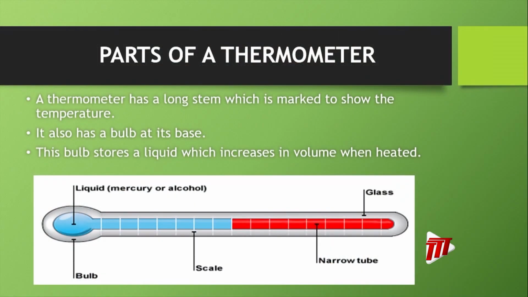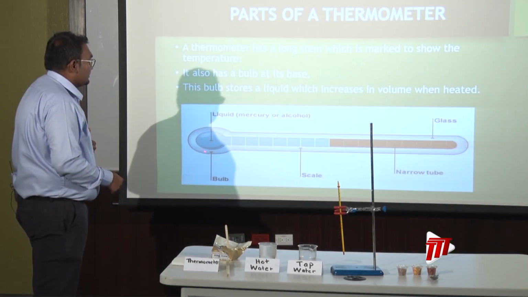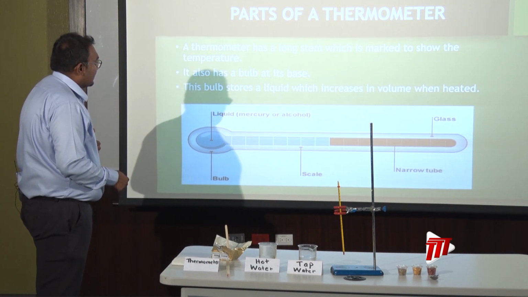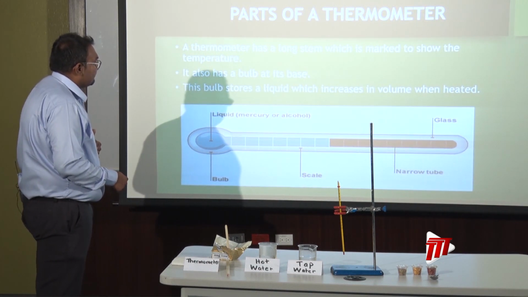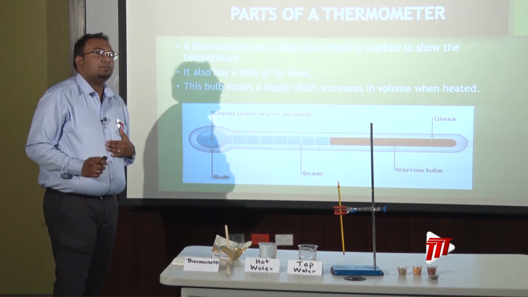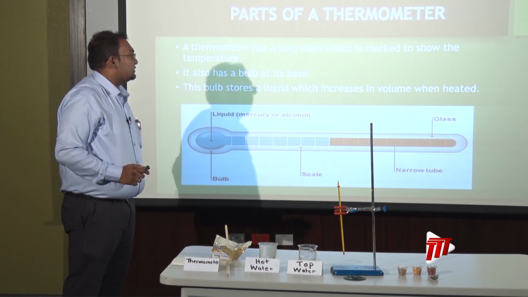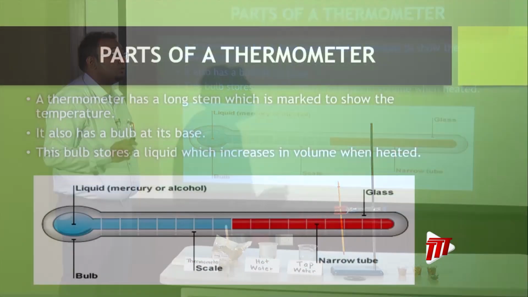The liquid, when it gets hot, would expand and rise along the thermometer, and we already have markings, we just read it off. So let's look at our diagram here. So this is a bulb, as we mentioned, it's rounded and the liquid is stored. So in typical liquid thermometers, we could usually find two types.